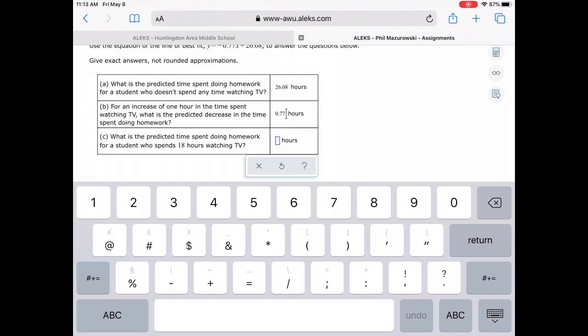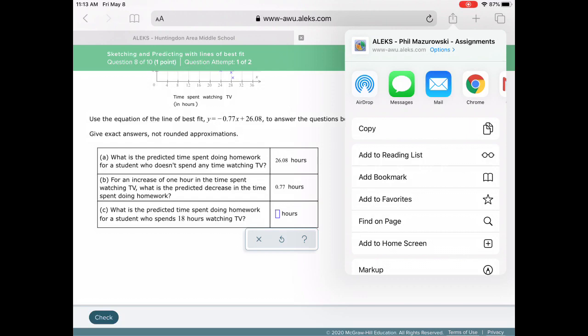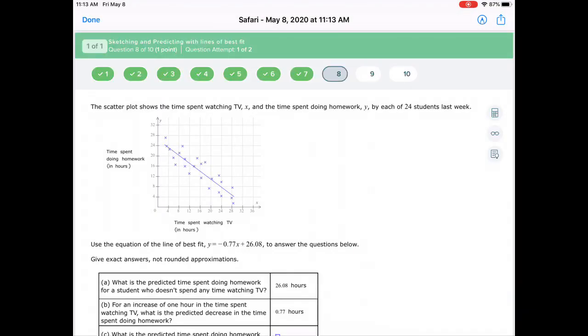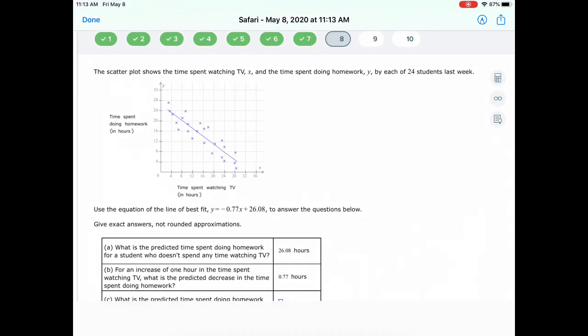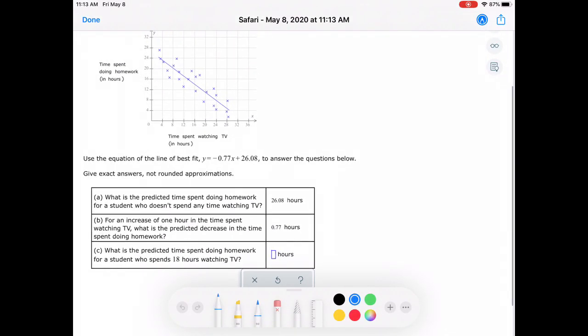All right, now comes using the actual equation part of this. It says, what is the predicted time for 18 hours of watching TV? So this is just like we've been doing with formulas, with algebraic expressions. We are going to substitute a value in for the equation that we know.